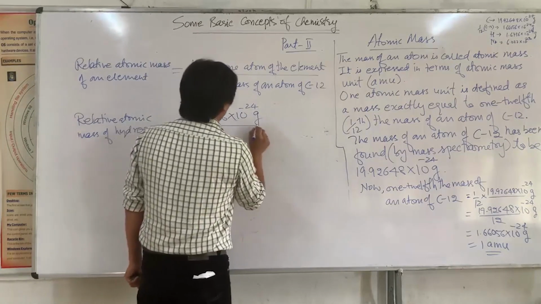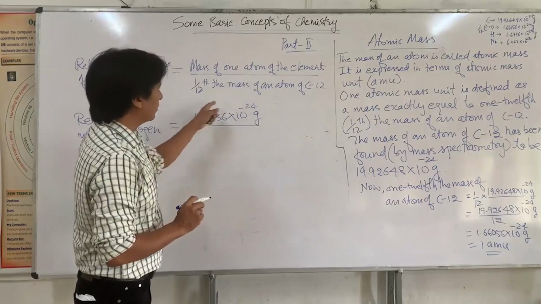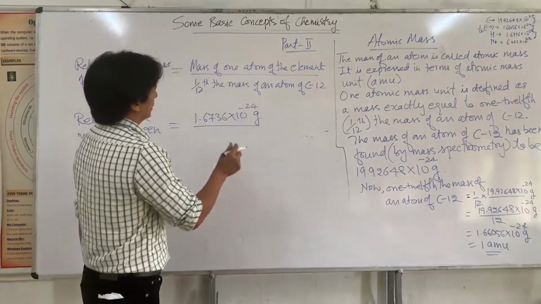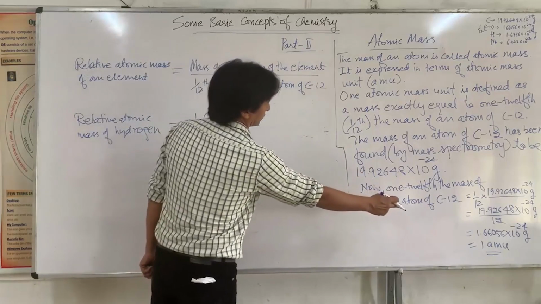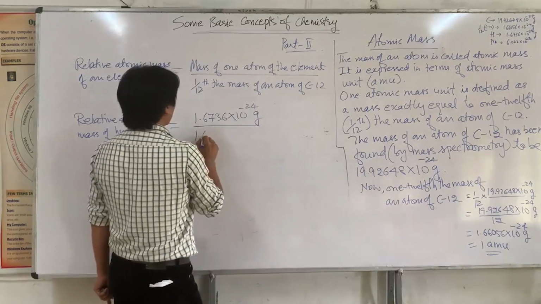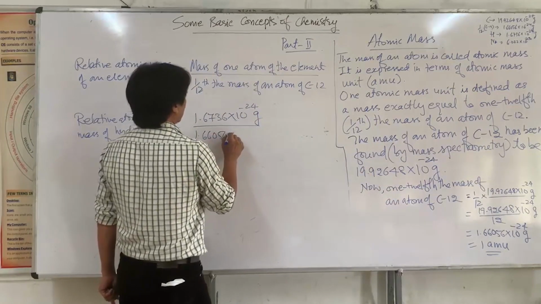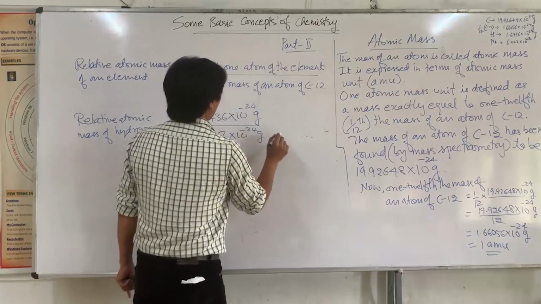Now this has to be divided by 1/12 the mass of an atom of carbon-12. So 1/12 the mass of an atom of carbon-12 is 1.66056 into 10 raised to power negative 24 grams.